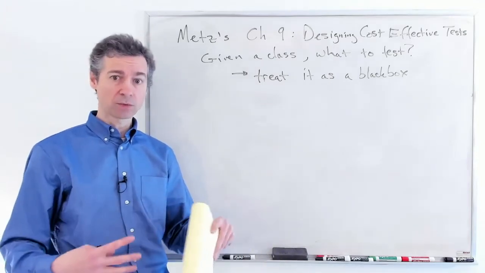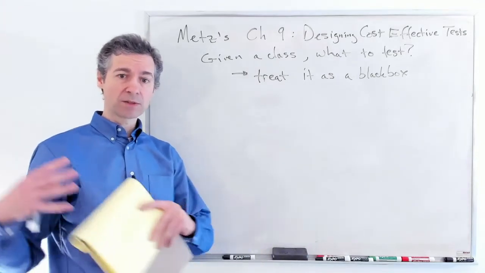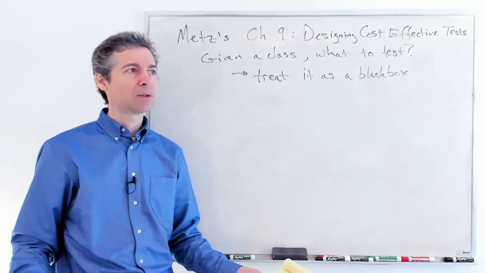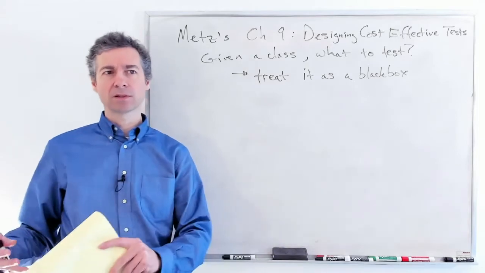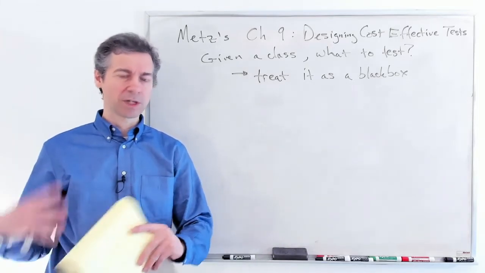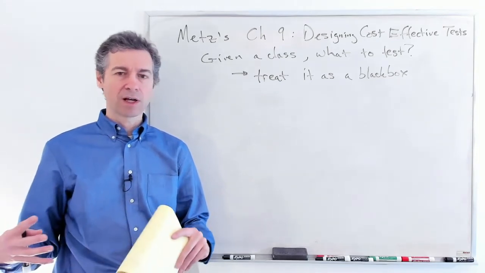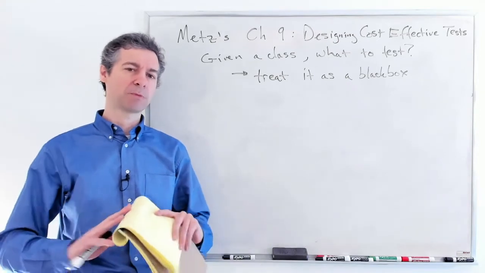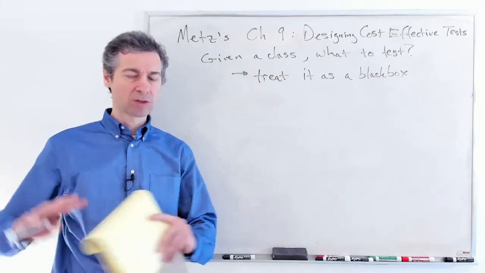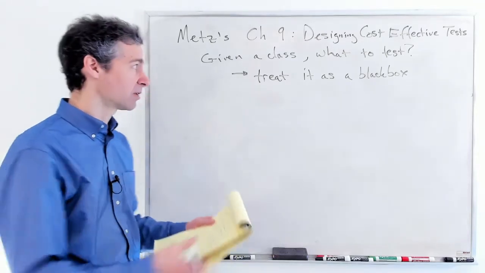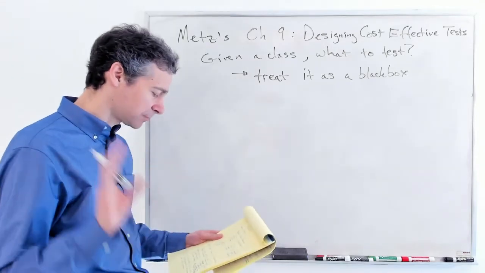Regressions, remember, are when tests that used to pass now start to fail. So if you have to write new tests, you're not really doing regression testing anymore. You're not finding the regressions. You're just wasting your time. It's a bad idea. Your tests should not be dependent upon the internal implementations of the classes. So you're going to treat it as a black box.